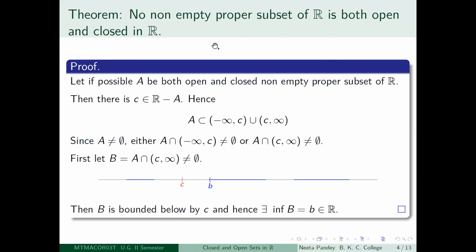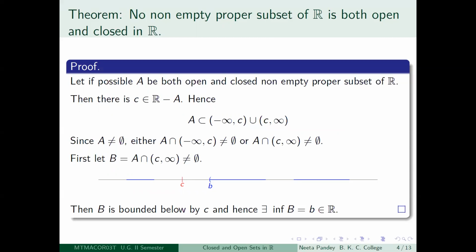Now further, you want to extend your ideas to say that if you want a subset of R to be both open and closed, then it has to be either the empty set or the set of real numbers. So if you take a non-empty proper subset of R, it will not simultaneously be open and closed.